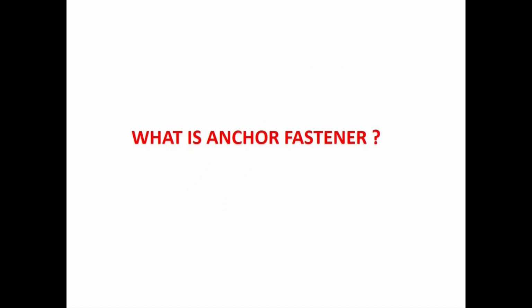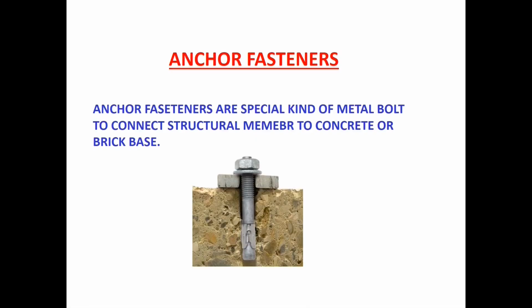Next we will discuss what an anchor fastener is. Let us understand the anchor fasteners. Anchor fasteners are basically a kind of metallic bolt which is used to connect a structural member to a construction base. In our case, the structural member is the steel bracket and the construction base is the parapet wall, which is made of concrete.